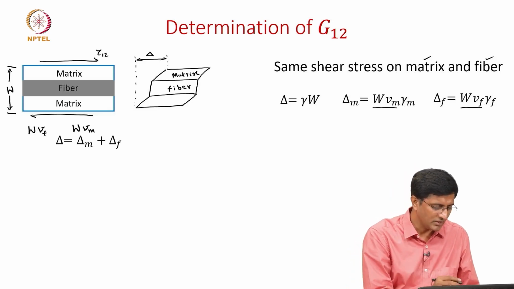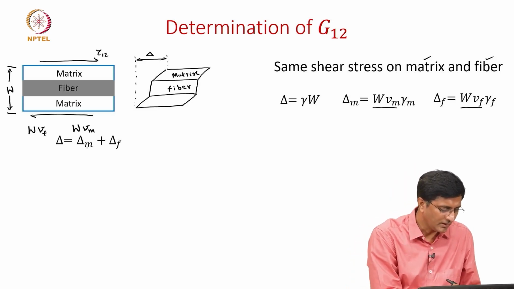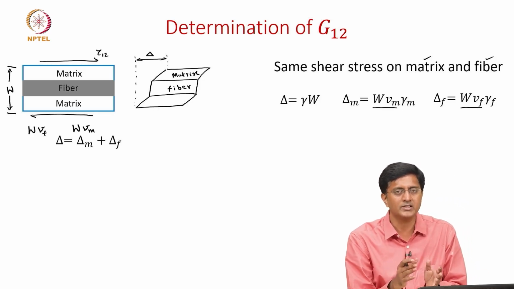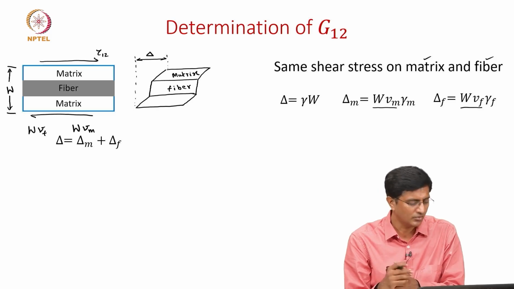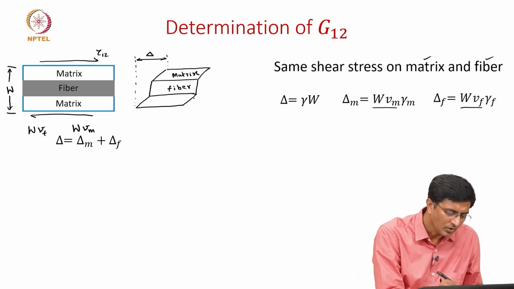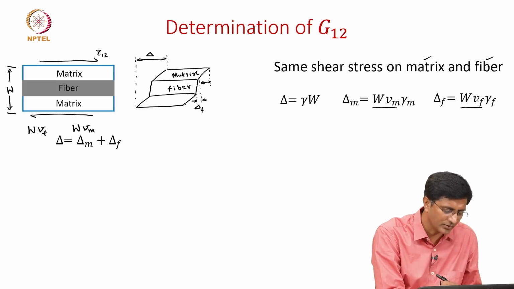So we can start by saying this delta is split into delta M and delta F, which means the change in deflection from the matrix, added to the change from the fiber, will give you the total change delta. In other words, this is the change we see in the fiber, and this is half of the matrix, because we also have the other half at the bottom.